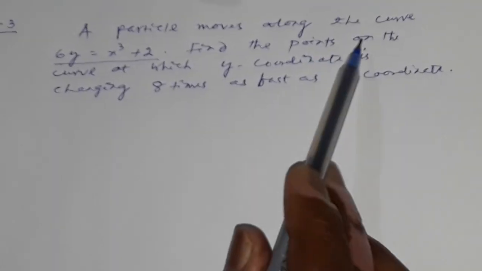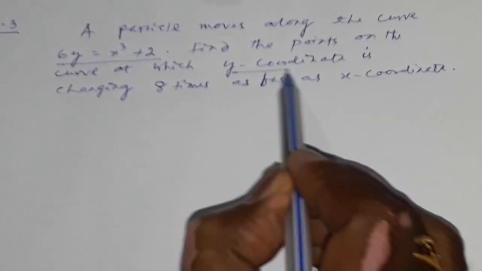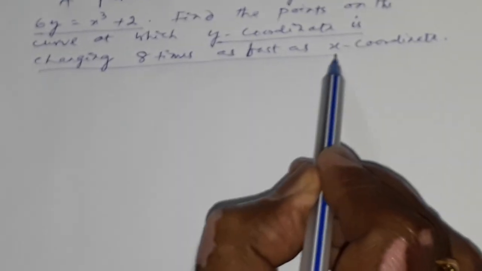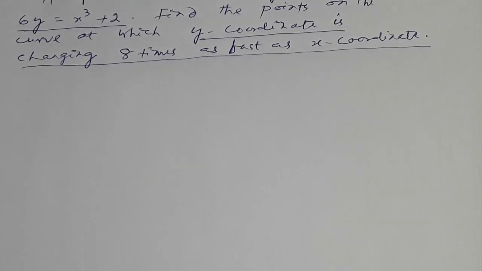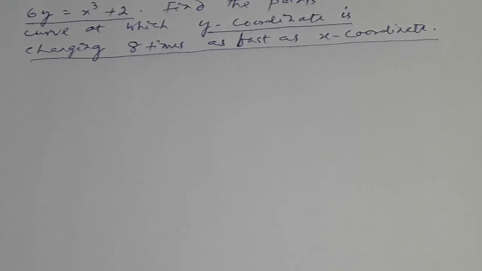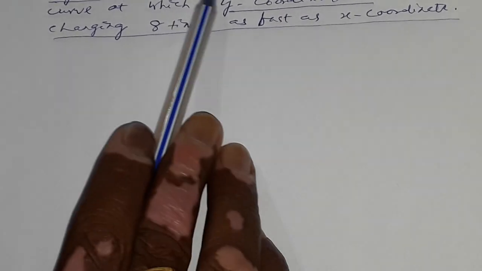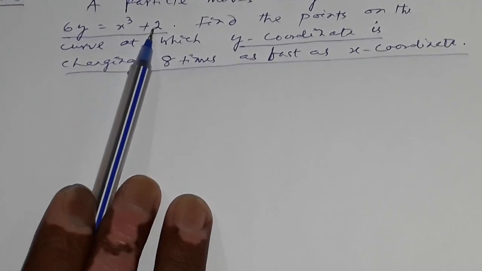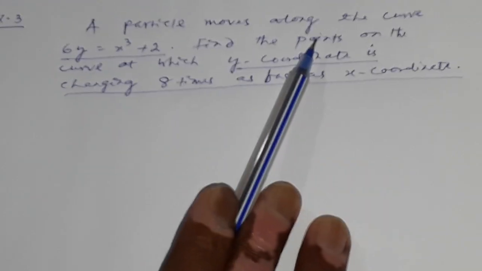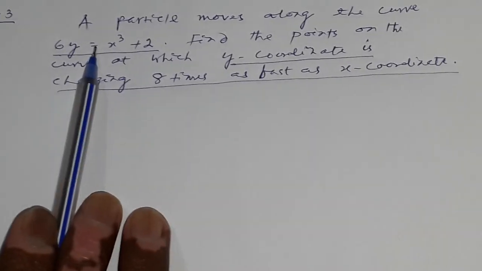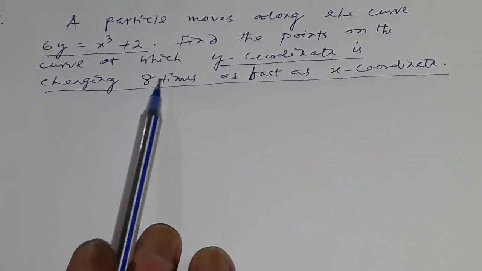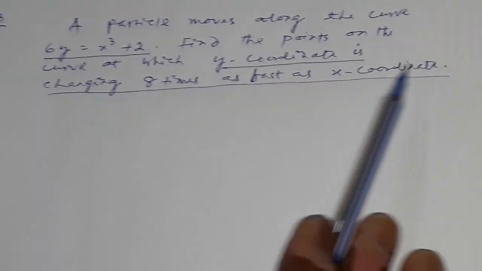Find the points on the curve at which y coordinate is changing 8 times as fast as x coordinate.